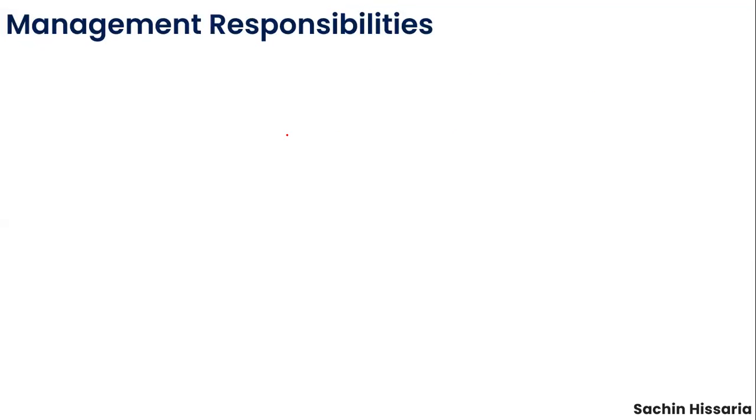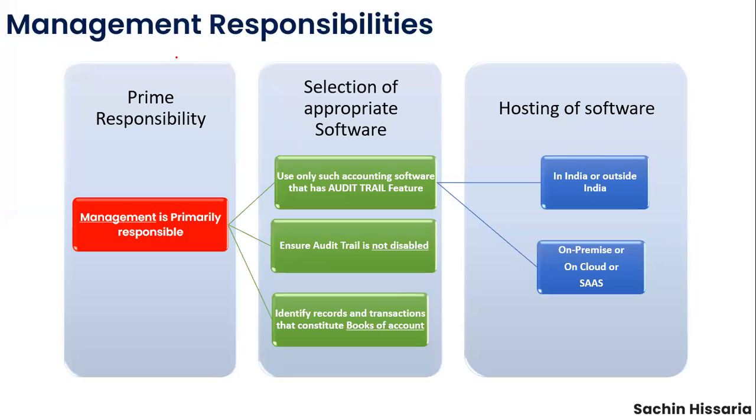Now, as per Rule 11G, what is the responsibility of the management? So in Rule 11G, guys, it is very clearly mentioned that management is primarily responsible for using accounting software that has an audit trail feature. So whenever they are using any software, management needs to ensure that the accounting software has audit trail functionality.